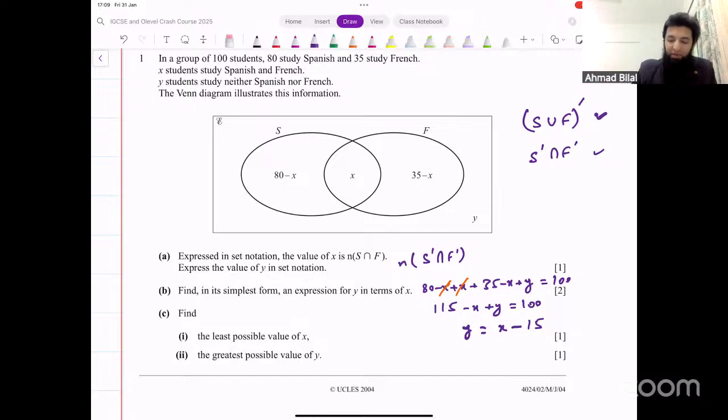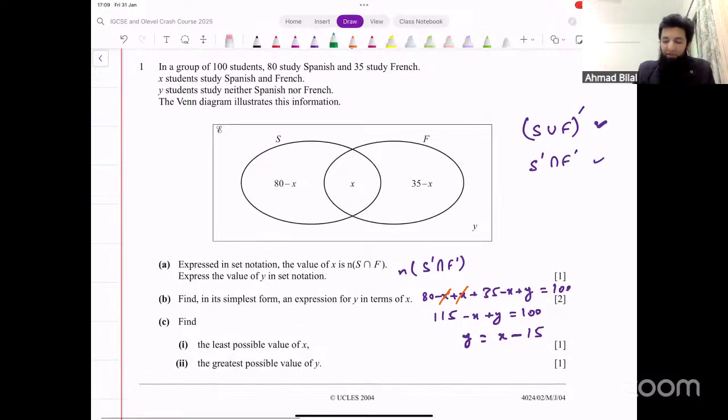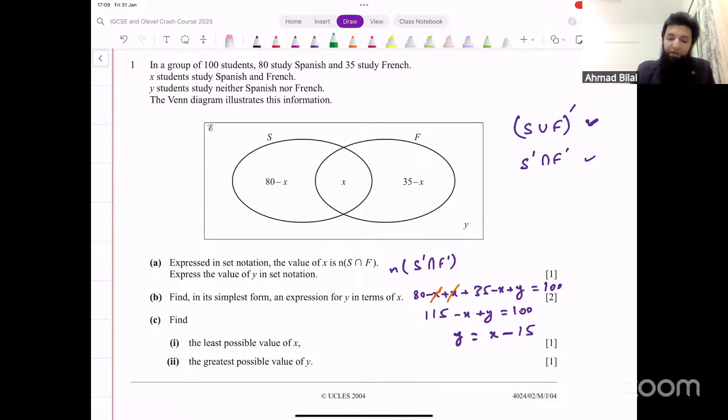Least possible value of X and the greatest possible value of Y. One way to think about this is logically, we have this number X, which is the intersection of both of these circles. We want to find the minimum possible value of this intersecting part, right?